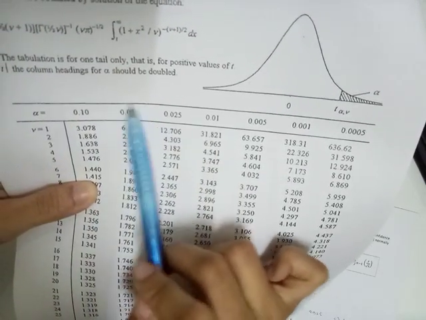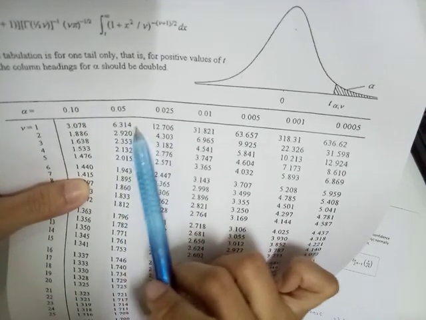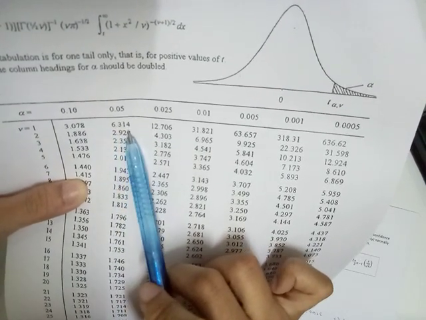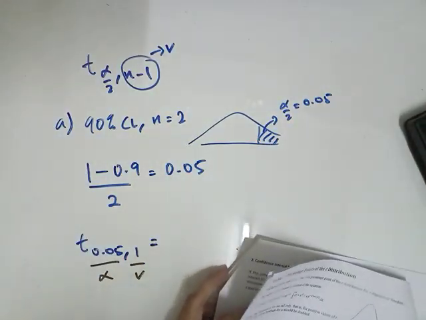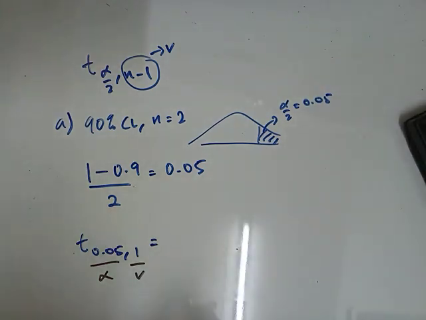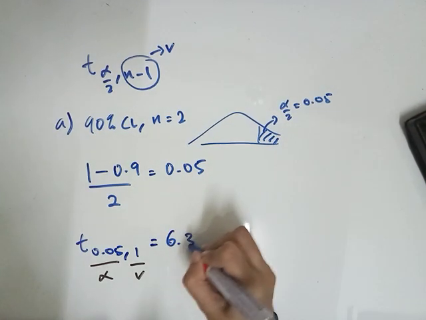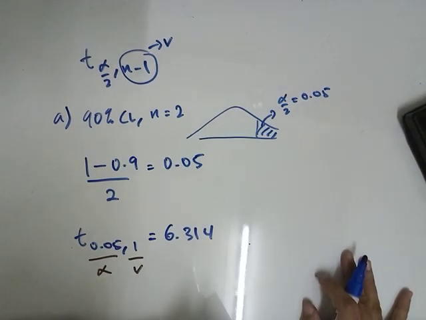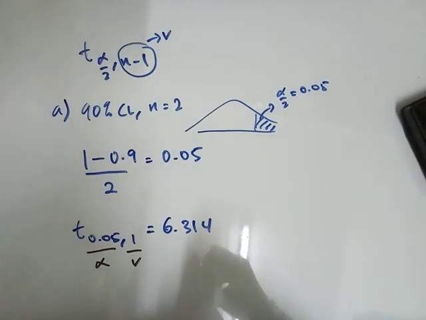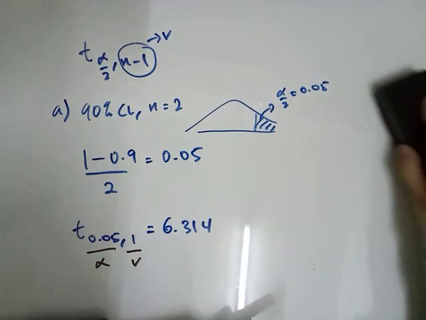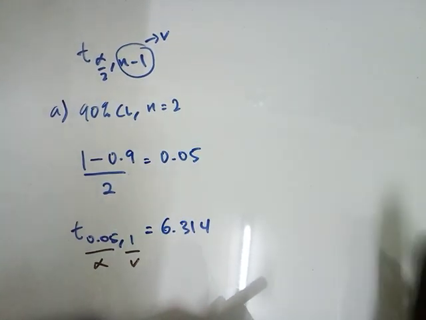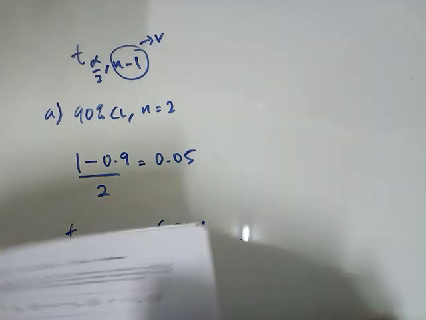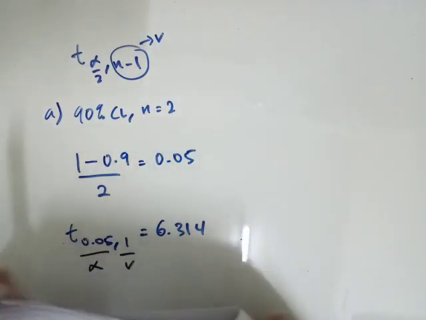So the t value is 6.314. That's the answer for the t value, 6.314. Okay, now you have found how to find the t value. So look at B. B is 95% confidence level.